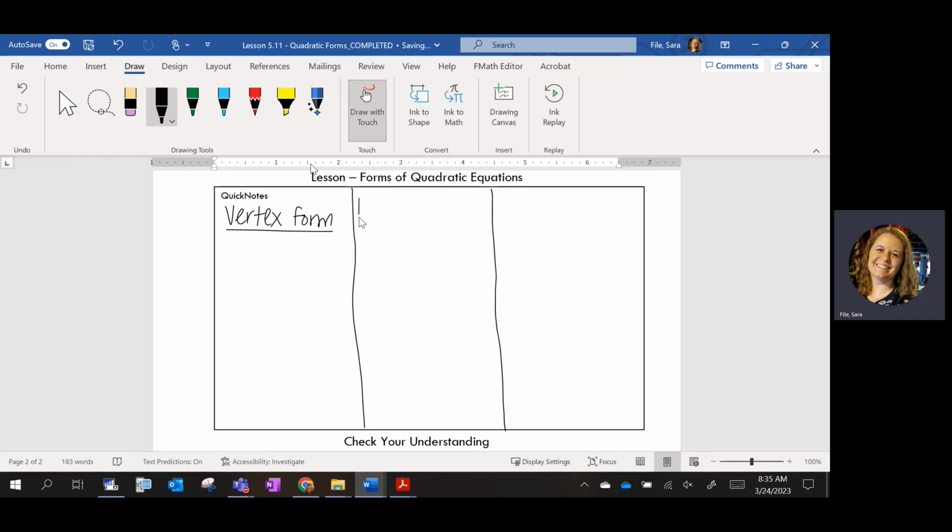And then we're going to talk about intercept form. That's what we just looked at. That's like your factored form where you can see the factors. You see the x-intercepts. Okay, and then we're going to talk about general or standard form.